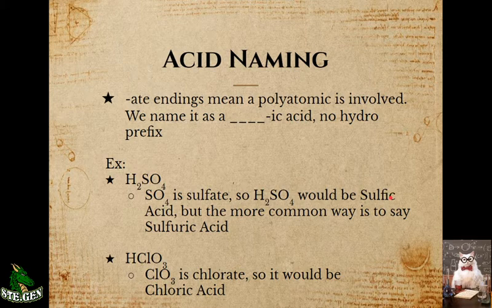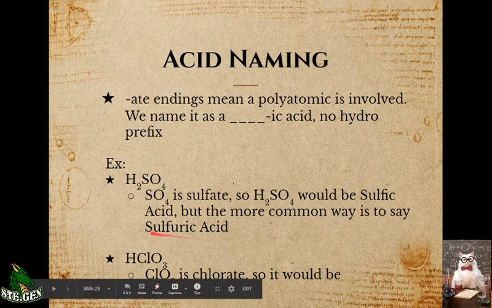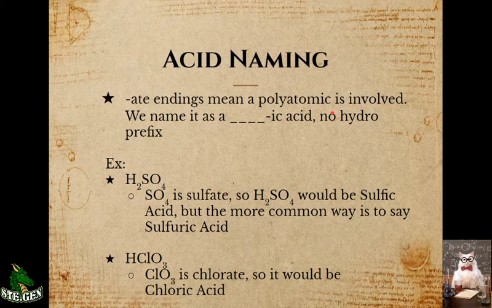But the more common way that we refer to that would actually be sulfuric acid. And you've probably heard of that before. It comes up a lot in pop culture. And then HClO3. ClO3 is chlorate. We change that ending to an ic and add acid, so it would be chloric acid, HClO3.